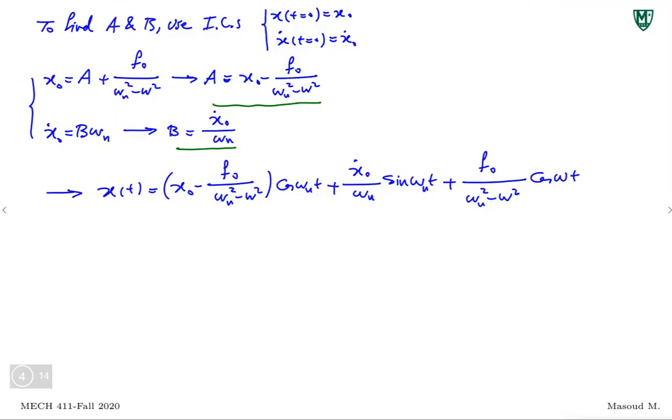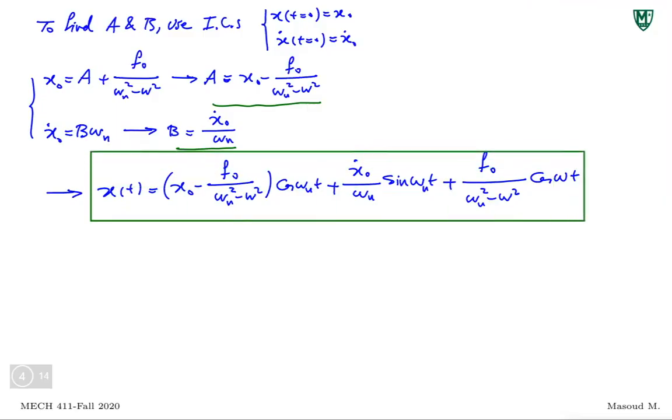So this is the general form of the solution. System response.